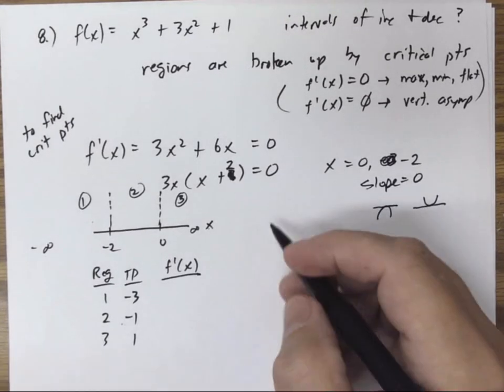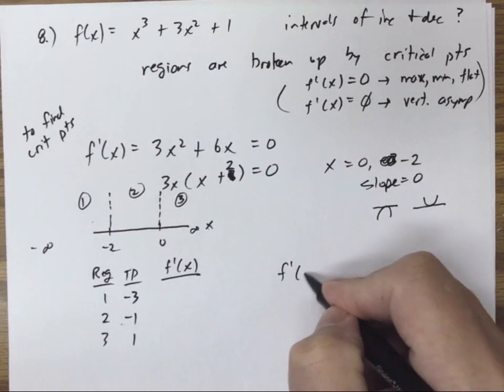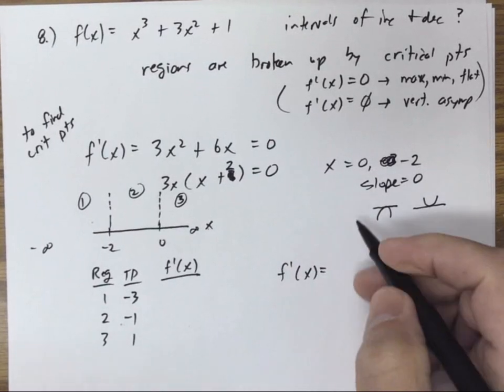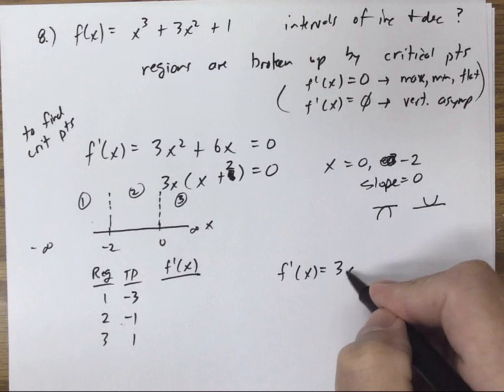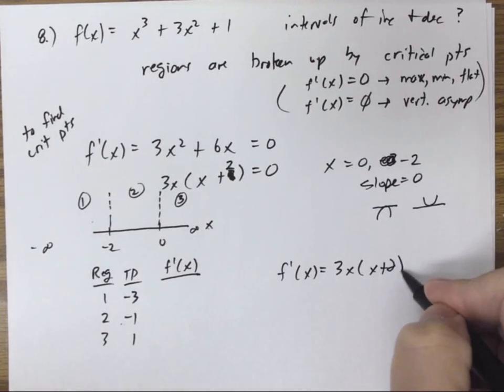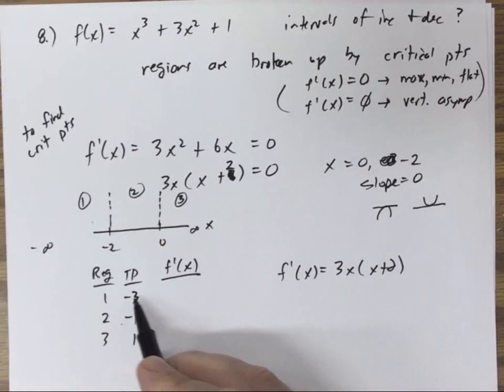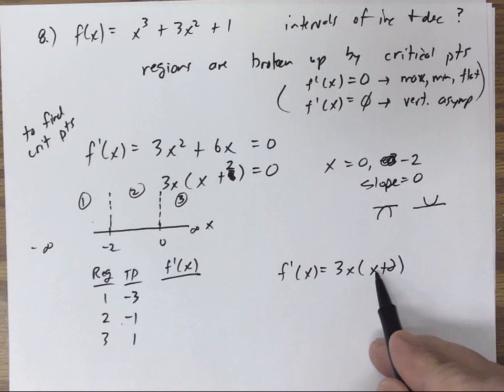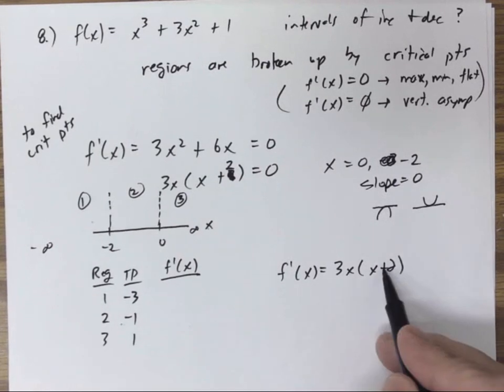So let me just, to make it clear, here's my equation for the first derivative, the slope. I'll write it in factored form. So -3, I plug in for x here. And I plug in -3 here.